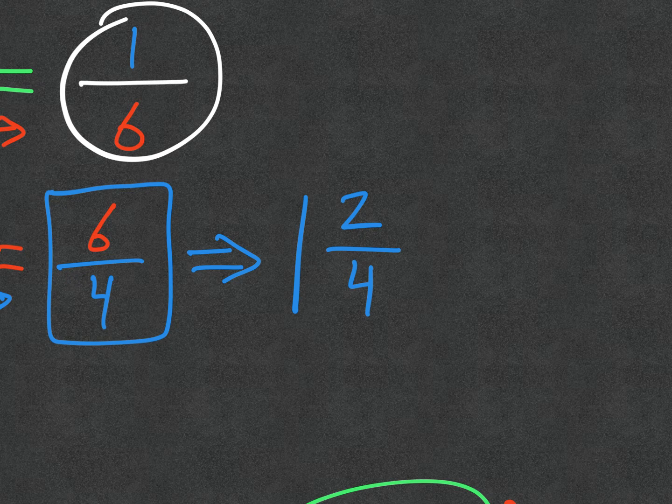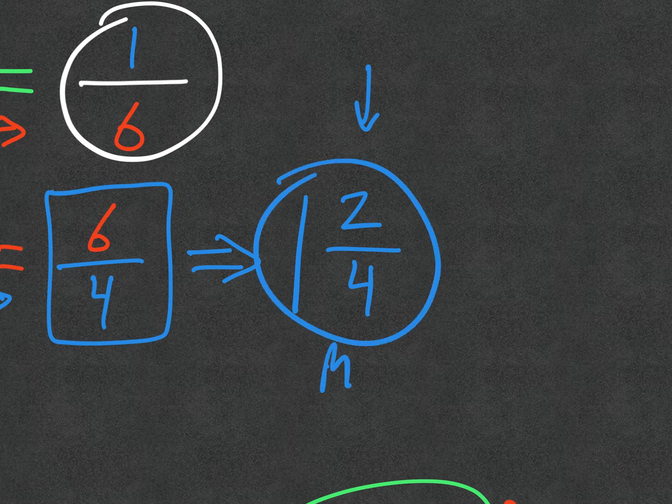Let's hold off on simplifying this fraction for another video, because I'm not sure how many of us know how to do that, but let's just focus on multiplication, okay? So a mixed number is what we want as a final answer. We never want to keep it an improper fraction.